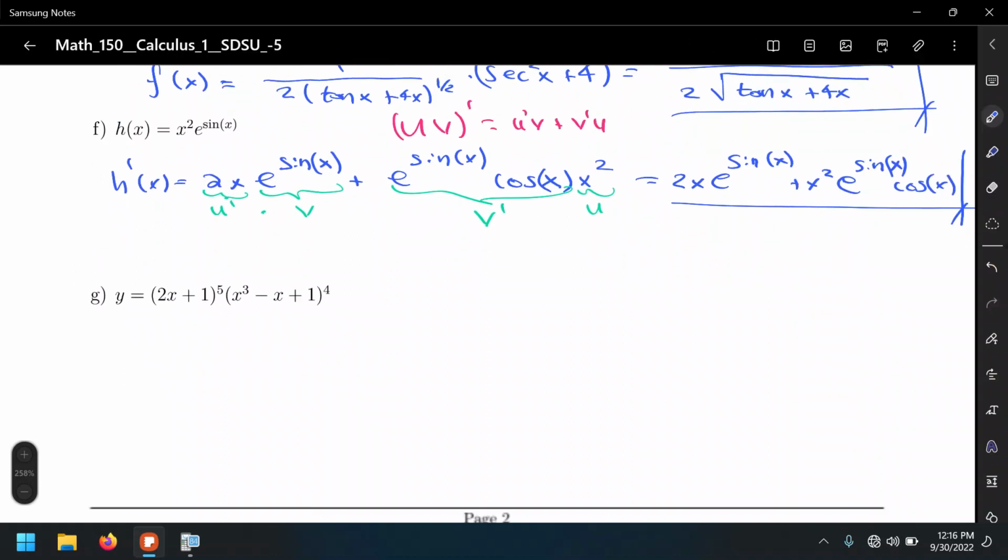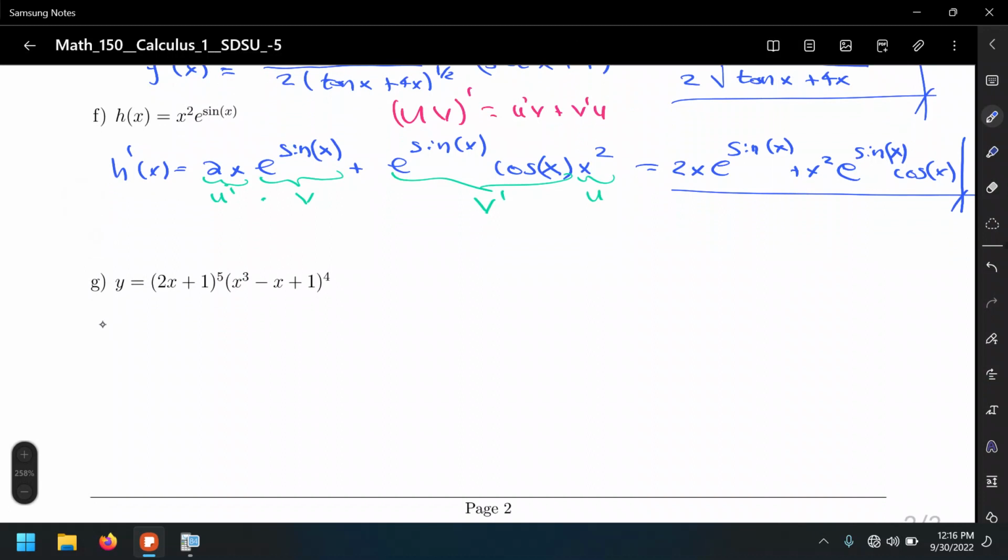So let's find the derivative of this product. I'm going to change the notation this time to dy dx. Let's find the derivative of the first factor. What would be the derivative of 2x plus 1 to the 5th power? The 5 goes in the front, 5 minus 1 is 4, the inside remains the same, 2x plus 1.